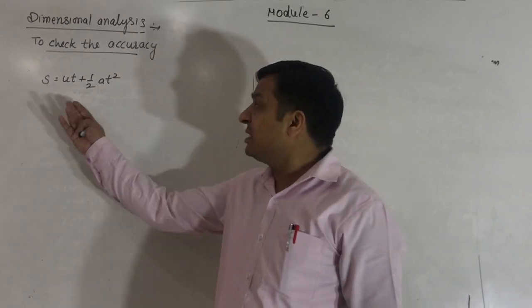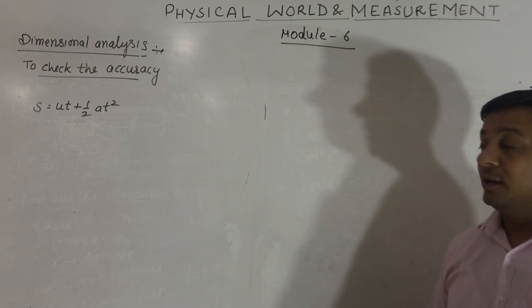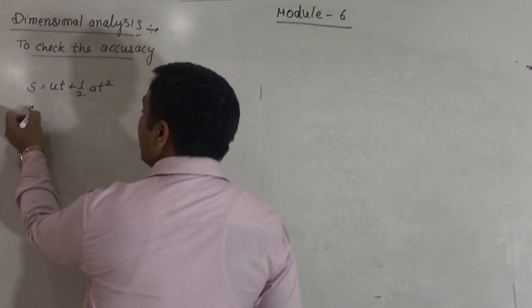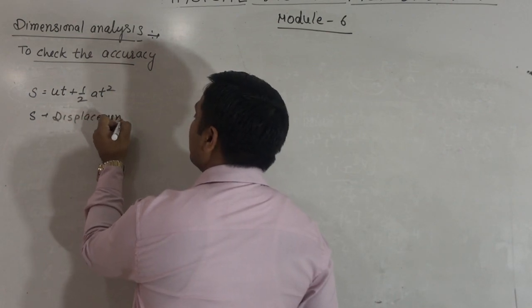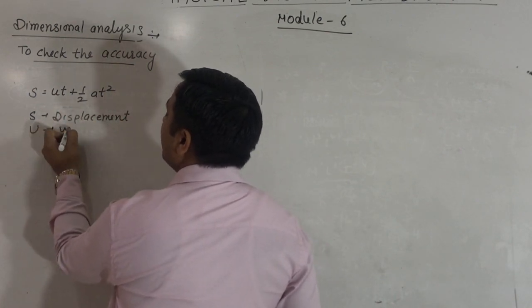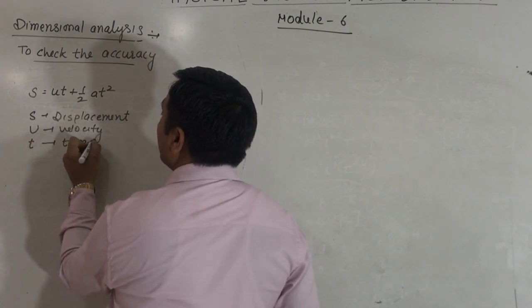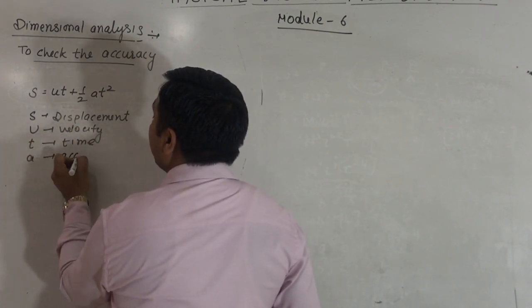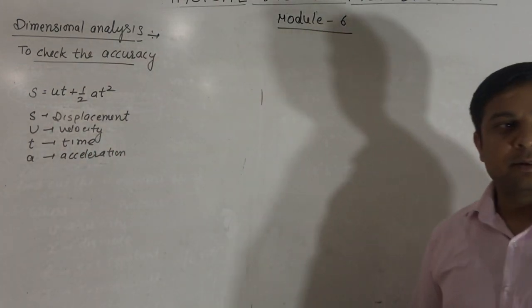We all know this is an equation of motion. S is equal to ut plus half at square, and the symbol S means displacement, u velocity, t time, a acceleration. Then how will you check?